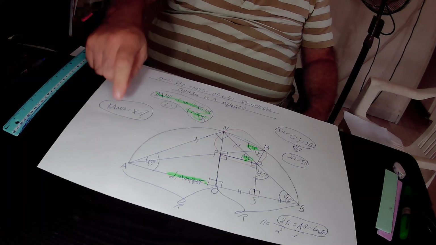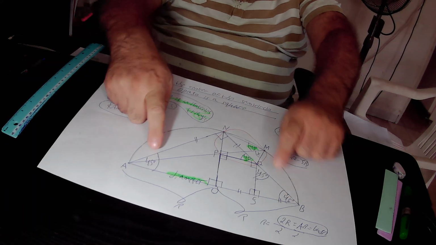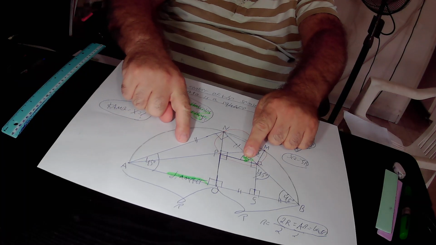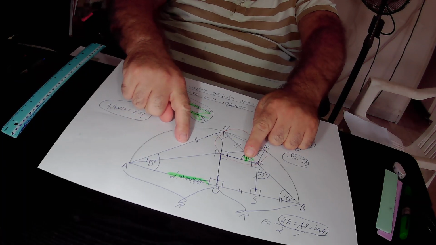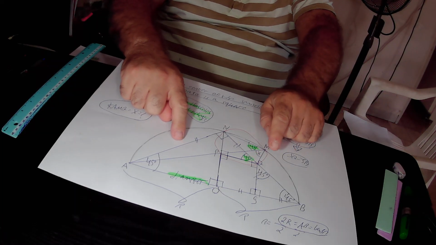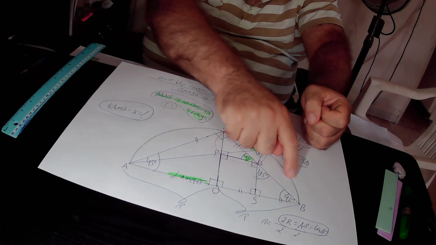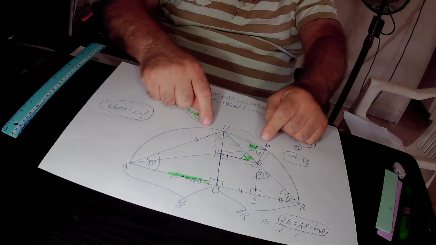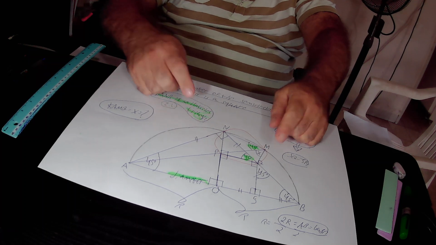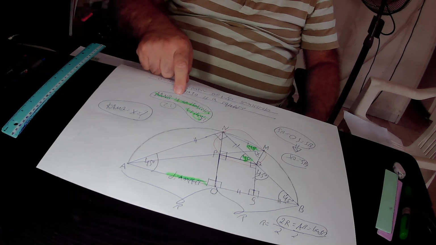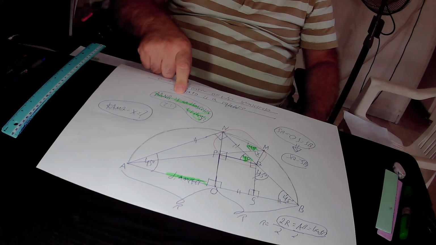So in the right triangle ANB, opposite those two equal angles, we have two sides that must also be equal in length, according to the rule that opposite equal angles in a triangle there are equal sides. So side AN equals side NB. Therefore, triangle ANB is simultaneously a right triangle and an isosceles triangle.